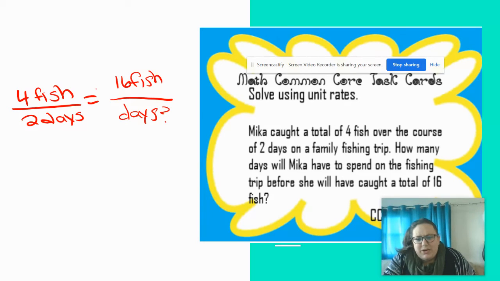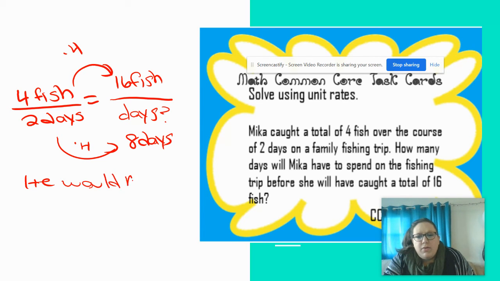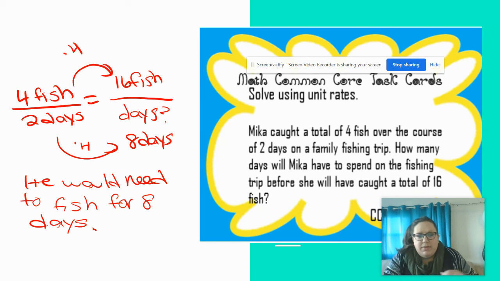Again, I don't have to simplify here, which is nice. 4 fish times 4 would give us 16 fish. 2 days times 4 would give us 8 days. He would need to fish for 8 days. This is because to go from 4 fish to 16 fish, you multiply by 4, and 2 days times 4 is 8 days.